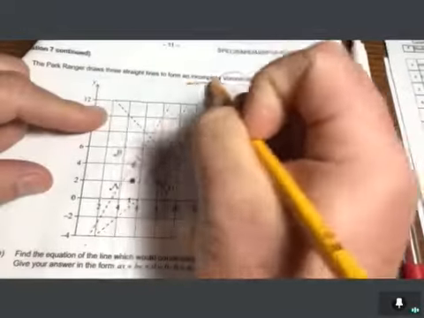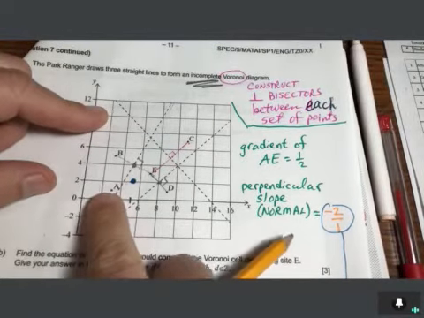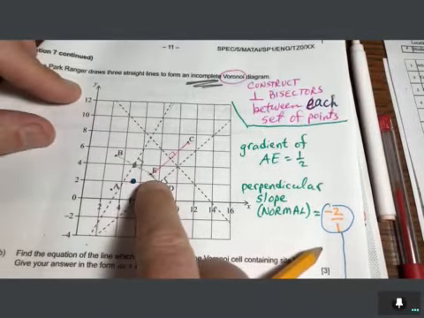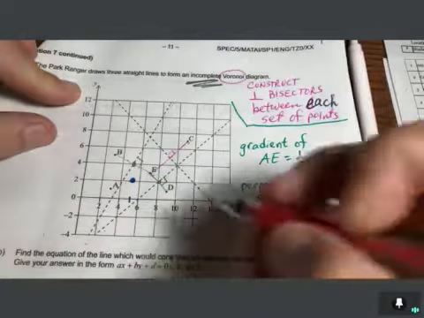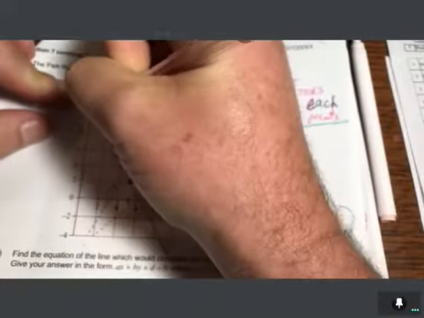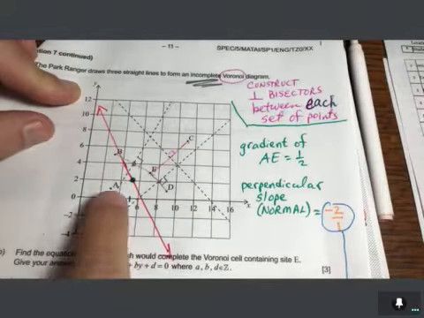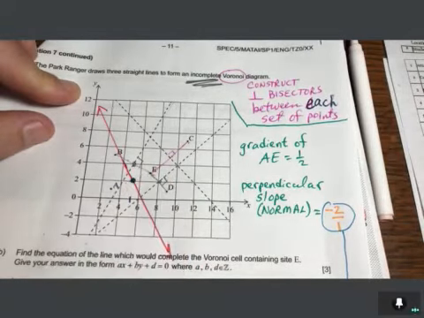The reason why it's incomplete is we're missing one more. That's between A and E. All right? So I'm going to draw that one in red here. Here is the midpoint, and we're going to try to draw the perpendicular bisector between points A and E. It's missing that one perpendicular bisector.